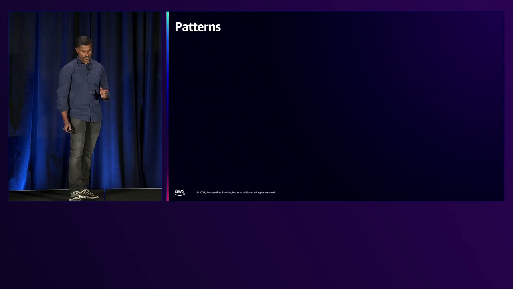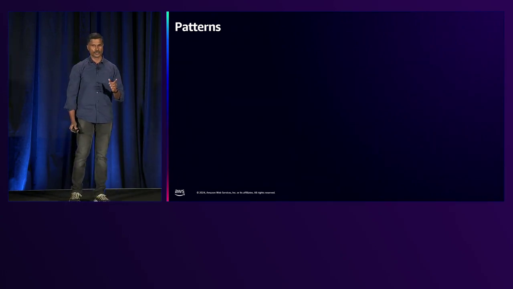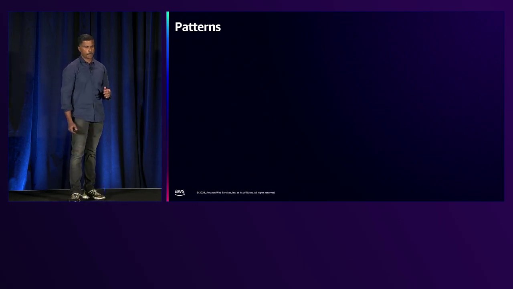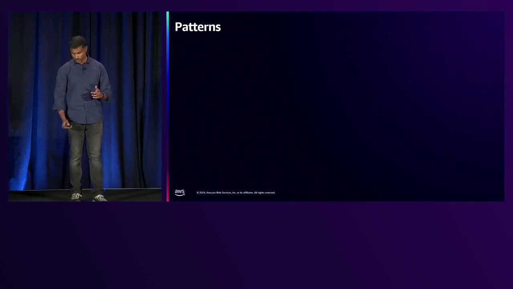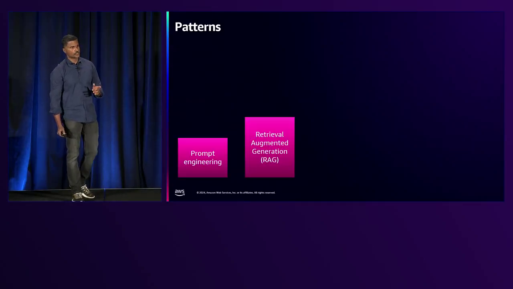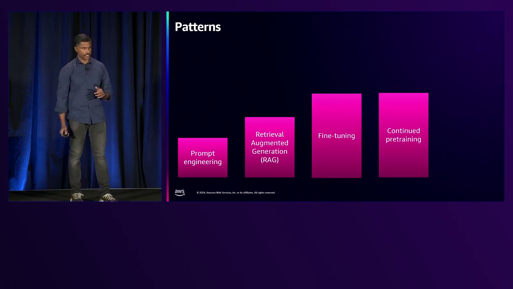Once customers decide, okay, for this particular business problem, we need Gen AI to really solve that practical use case and scale it at enterprise grade, they embark on a journey of pattern selection. Some start with prompt engineering, or retrieval augmented generation, or fine-tuning, or continued pre-training.